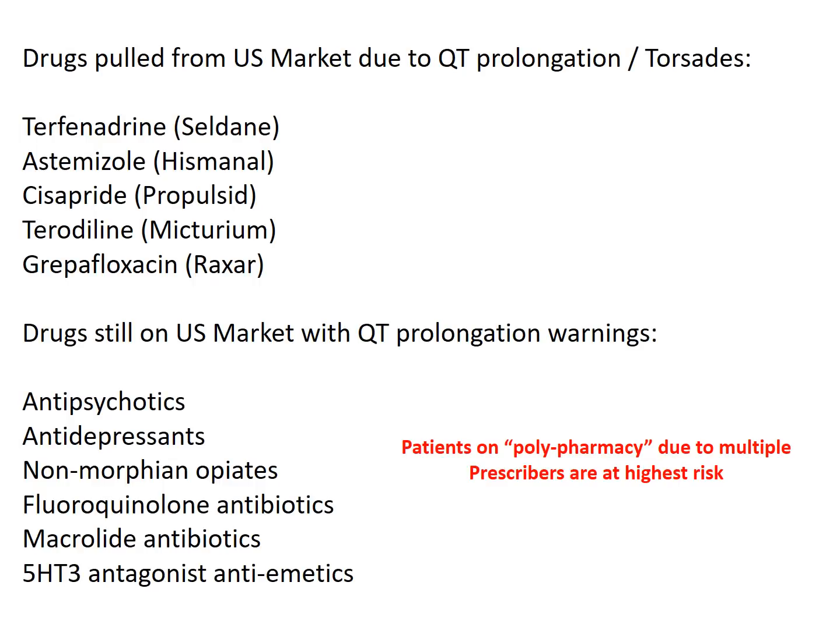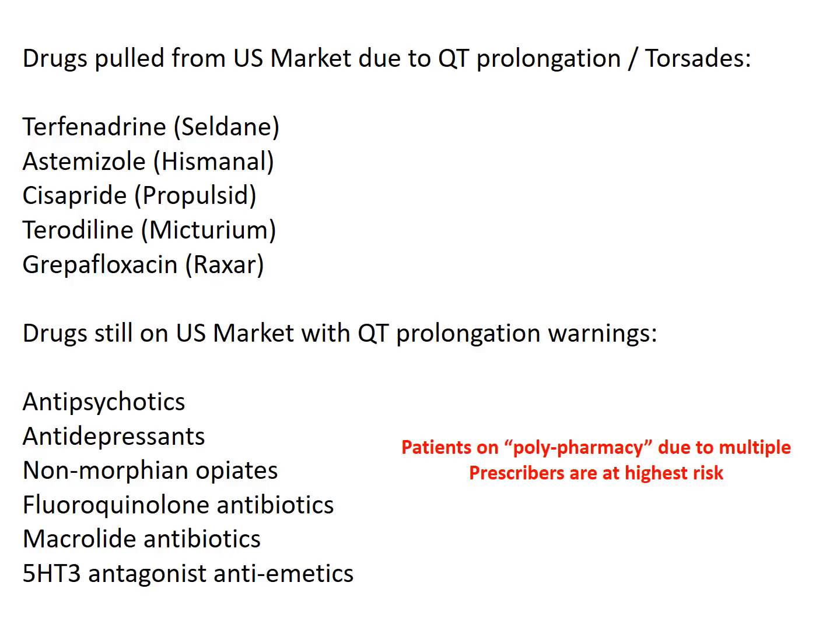So I made a big deal about QT prolongation, and in the real world, QTc prolongation. The reason for that is that it increases the individual's risk of torsades de pointes. Here's an example of 5 drugs that were on the U.S. market, all of which were pulled due to individuals who died due to QT prolongation and torsades. For those of you who have been in medicine for a while, you probably remember Seldane and you probably remember Propulsid.